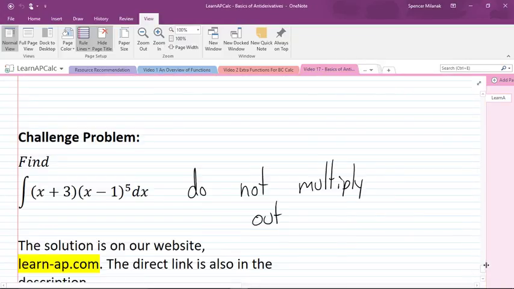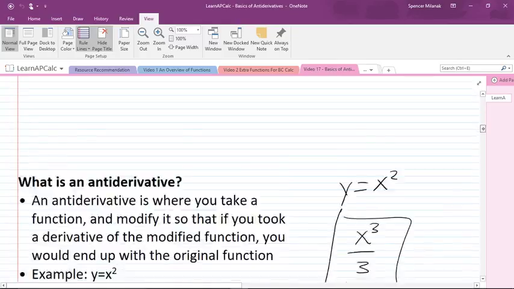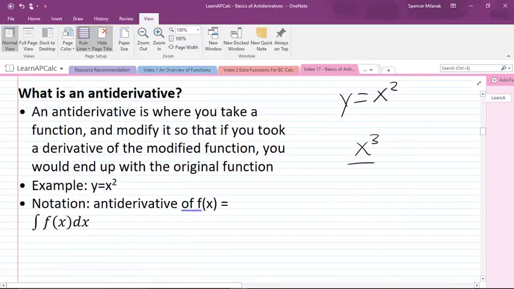Alright, and then we talked about antiderivatives. So we talked about what an antiderivative is, and this is also known as an indefinite integral.